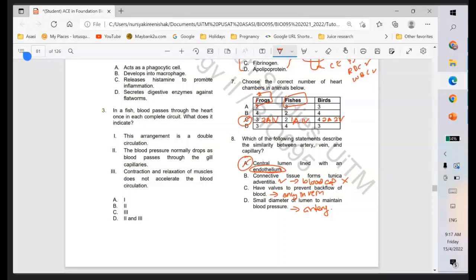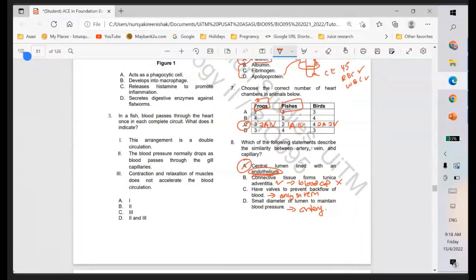Blood vessels it composed of ada 3 layer kan, normally, which is the outer layer is tunica adventitia, and then the middle layer is tunica media, then inner layer is the tunica intima. So kalau blood capillaries, it only has tunica intima, which consists of only endothelium that is wrapped with basal lamina.